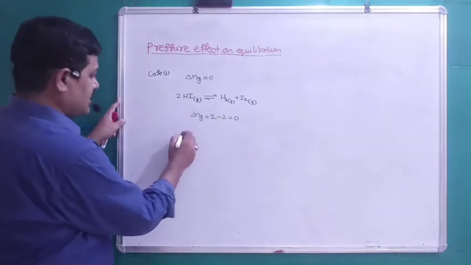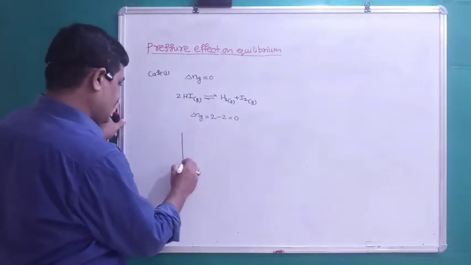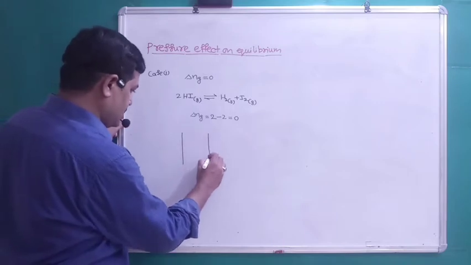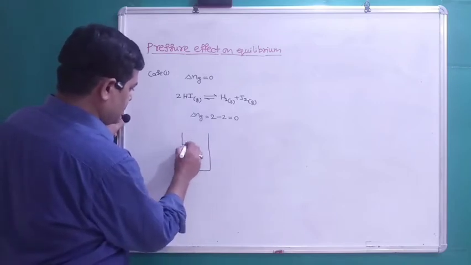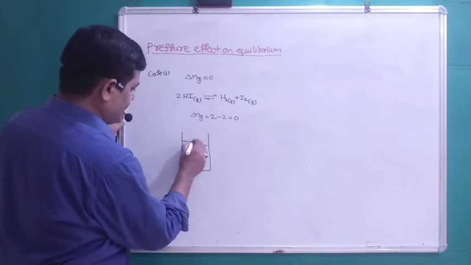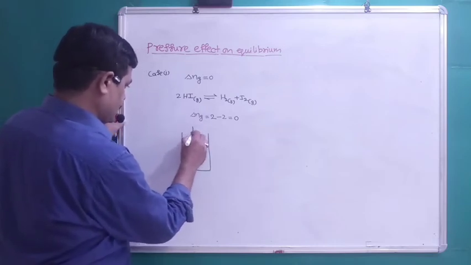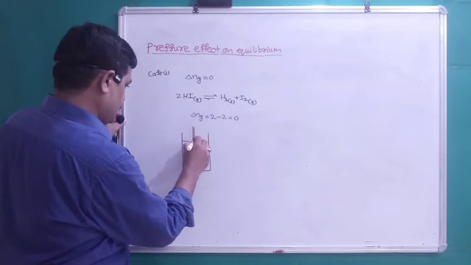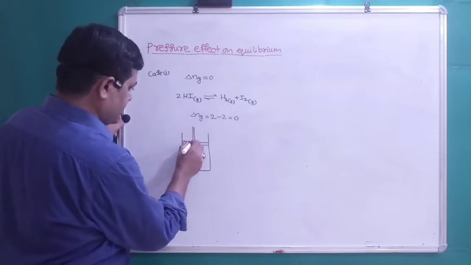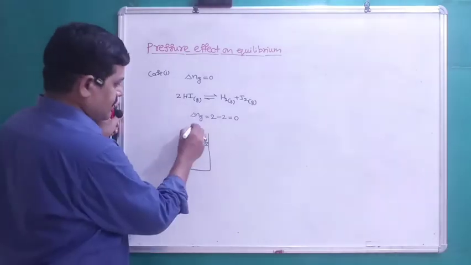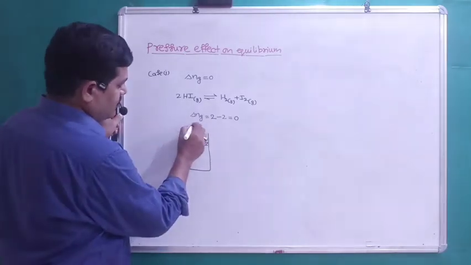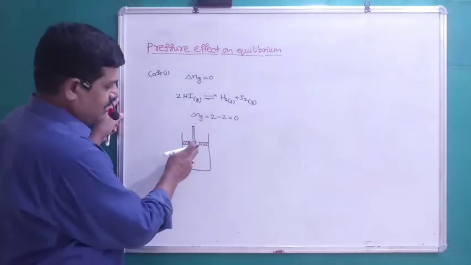Let us assume that this reacting mixture is present in a cylinder to which a movable piston is fitted, with the gases already in equilibrium.